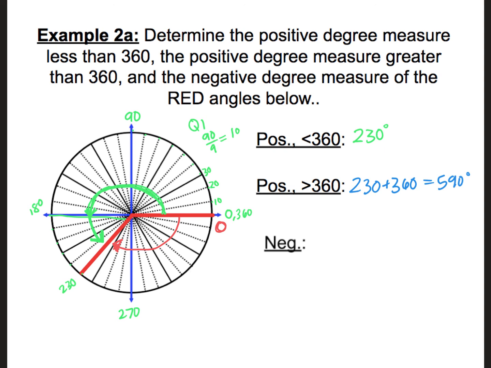So my key marks are 0, and then if I travel down, negative 90, negative 180, negative 270, and then negative 360. But we don't even need that many numbers, because my line goes over to 90, and then we go 10, 20, 30, 40 more. So we have 90, 100, 110, 120, 130. My final answer would be negative 130.